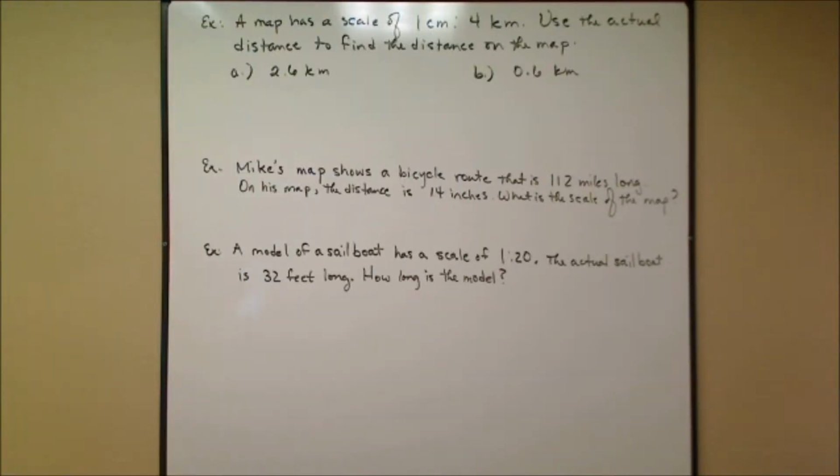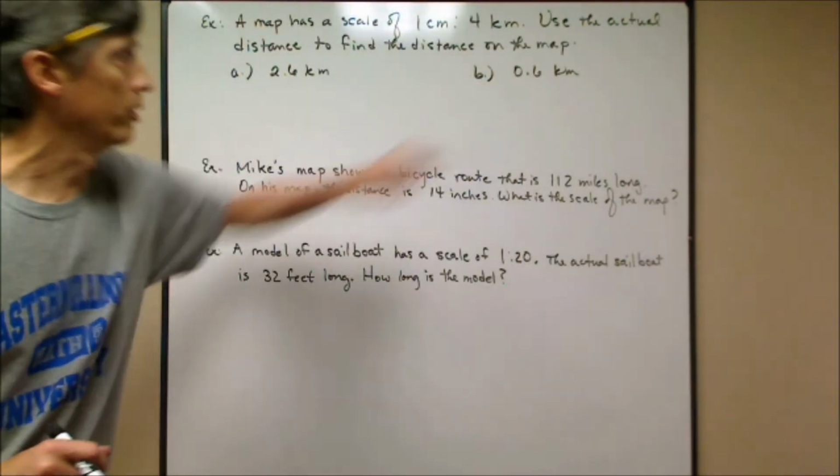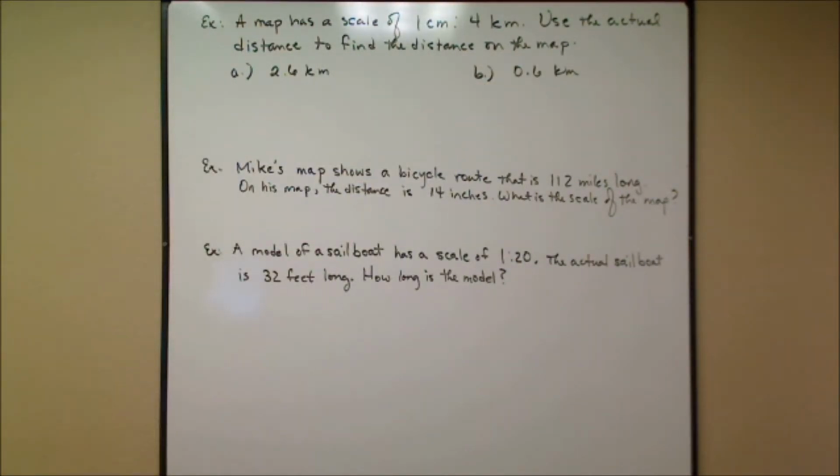Here's a couple more examples. A map has a scale of 1 centimeter to 4 kilometers. So we're going metric here. Use the actual distance to find the distance on the map. These are the actual distances, notice they're in kilometers. We're going to find the distance between the 2 cities, or the 2 landmarks, whatever it might be.